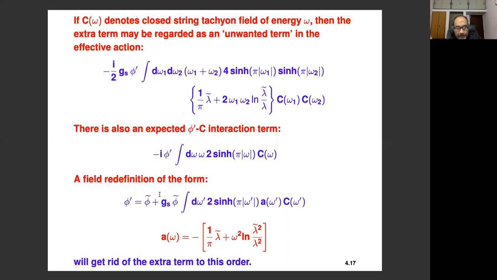This extra term can be cancelled by this field redefinition that appears here. And A is given by this expression over here. So this determines what kind of field redefinition you have to make. Phi prime and phi tilde are related by a field redefinition of this kind, with this specific choice of A. And this is what we are going to use next. Any question?